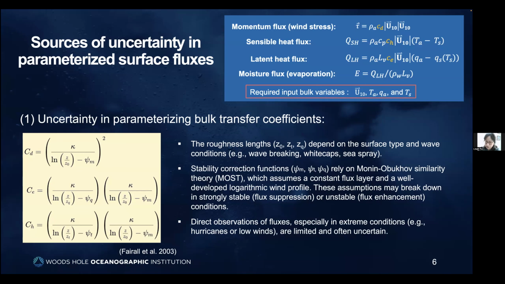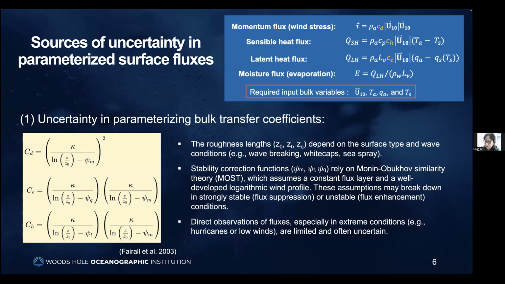Those parameterizations also rely mostly on Monin-Obukhov similarity theory, which assumes a well-developed layer in the logarithmic wind profile. And this well-developed layer assumption breaks down in extreme conditions like strongly stable or strongly turbulent states.